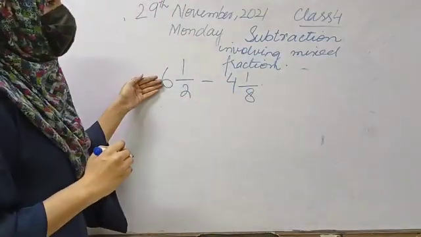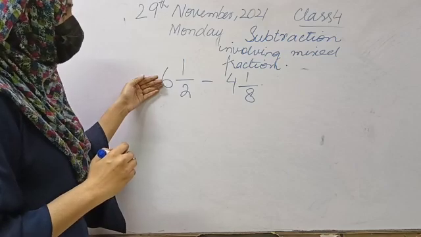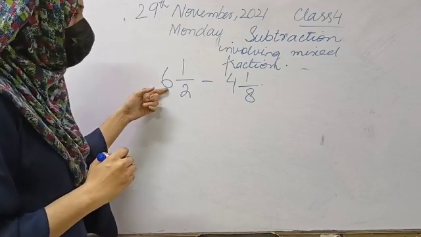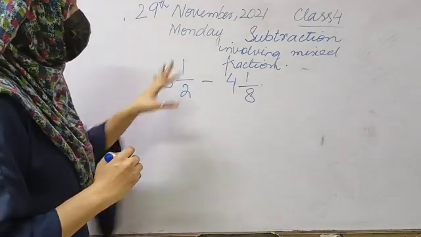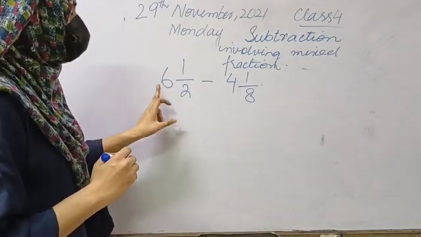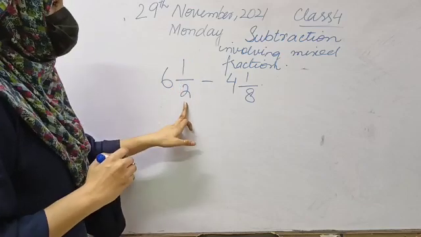To read a mixed fraction class, we will read as 6, which is a whole part, and 1 by 2, which is a fractional part. So in a combined form, we will read as 6 1 by 2.